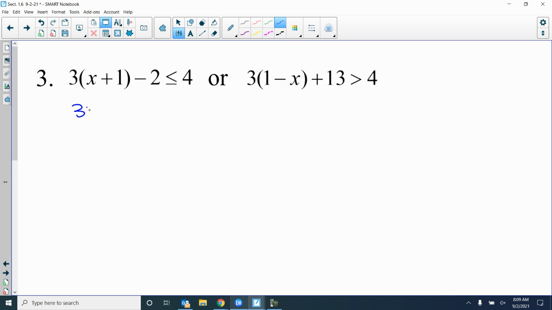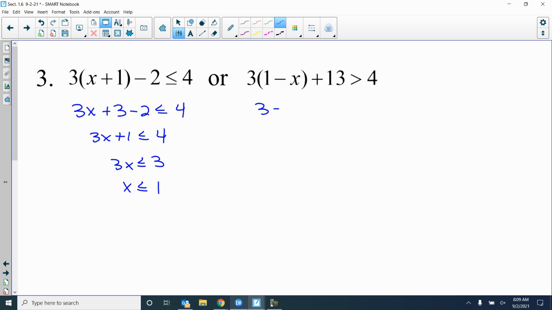And let's see here. I get 3x plus 3 minus 2 is less than or equal to 4. That gives me 3x plus 1 is less than or equal to 4. Subtract 1. 3x is less than or equal to, whoops, hold on there. That should still be a 4. Less than 3. I get x is less than or equal to 1.